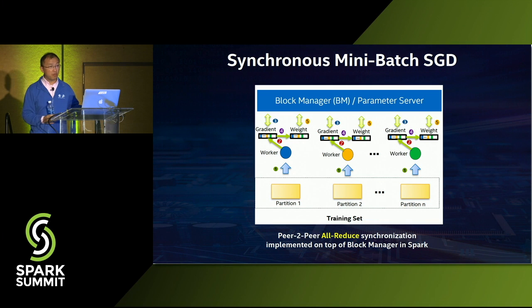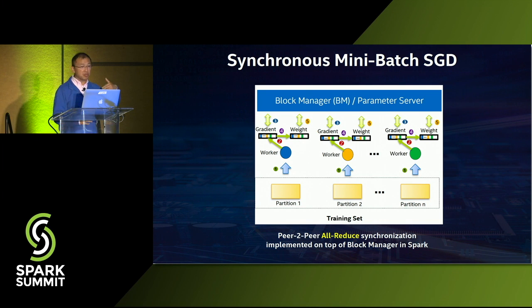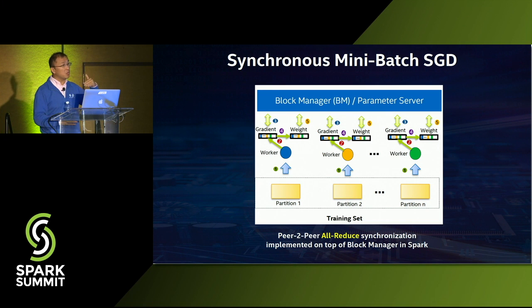So we leverage existing infrastructure in Spark and use the block manager somewhat like a parameter server, but without introducing new modules or making changes to Spark. So everything works on the standard vanilla Spark distribution you can get, and we just directly leverage the block manager to build this high-performance, highly efficient synchronous mini-batch SGD.